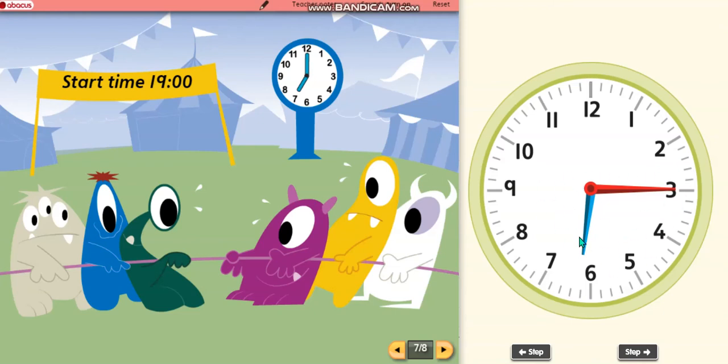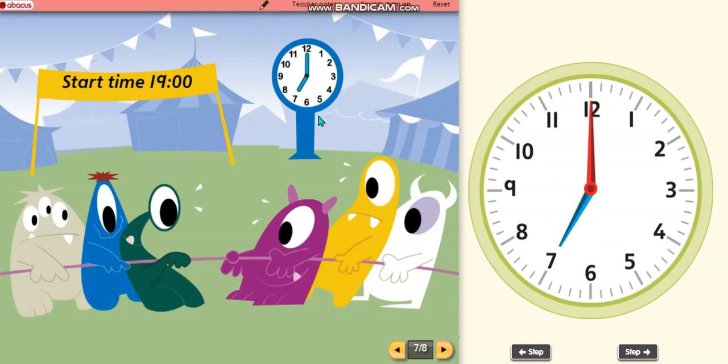Question. So what time do they need to start to get ready so that they can watch the tug of war at 7 p.m.? It's 6:15. Good. Now let's go back to 7 o'clock.